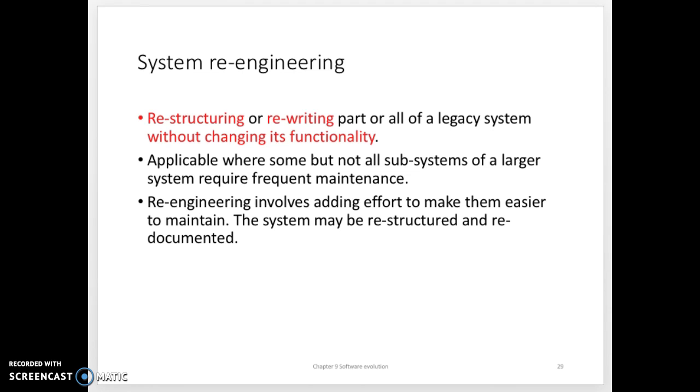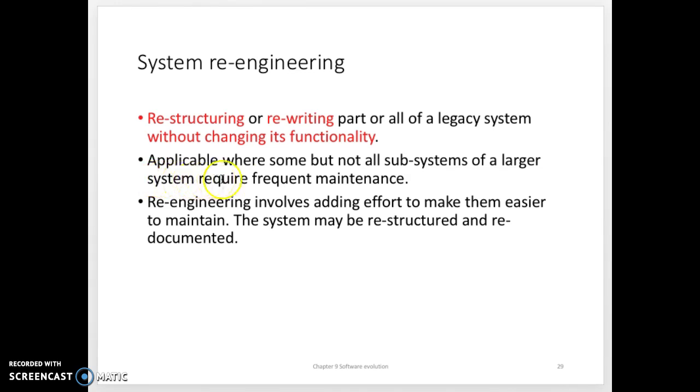System re-engineering or restructuring is a process that could apply to a part of or all of a legacy system without changing its functionality.